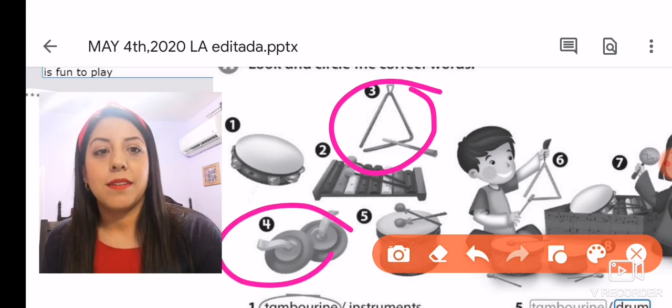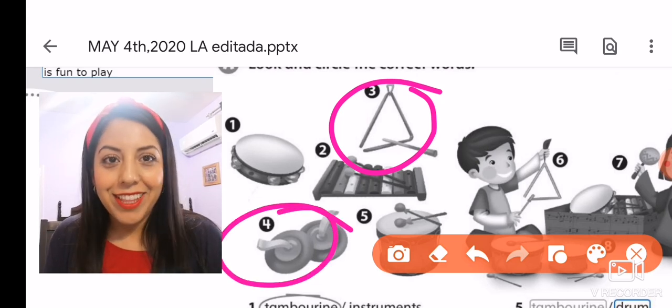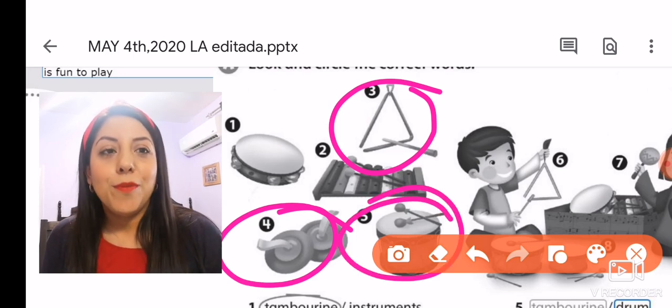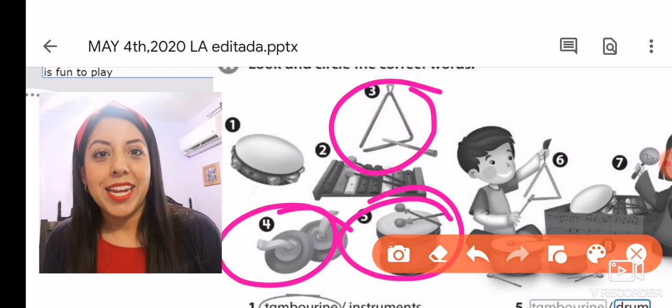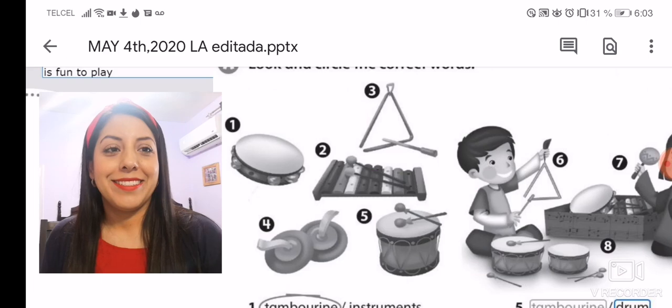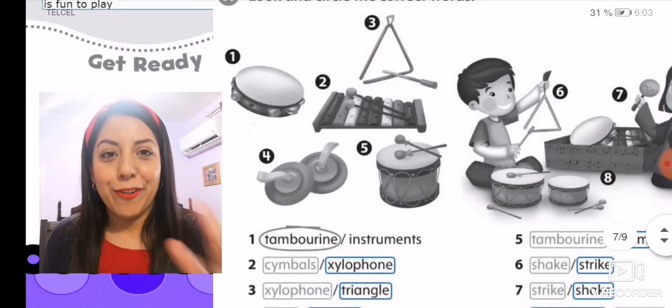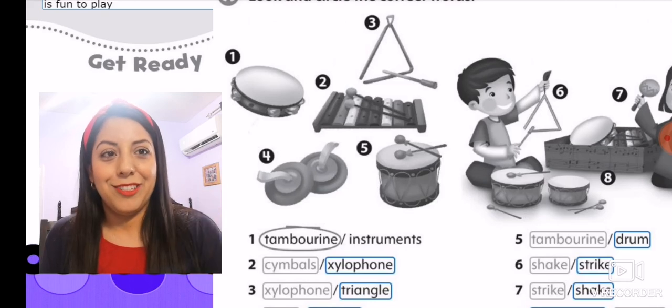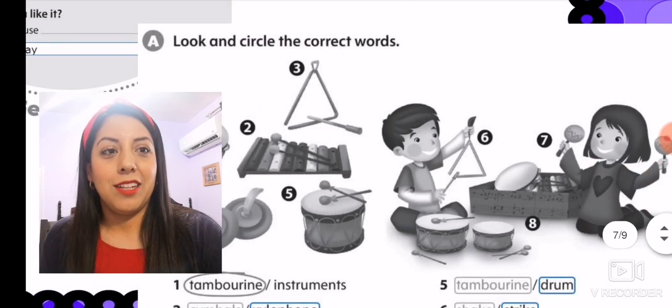Number 4, those are cymbals. Cymbals. Number 5, they are drums. Number 6, a boy is striking a triangle. Okay? Now, they look very easy, but sometimes they can be a little bit confusing. Don't worry. You are going to learn a lot today.